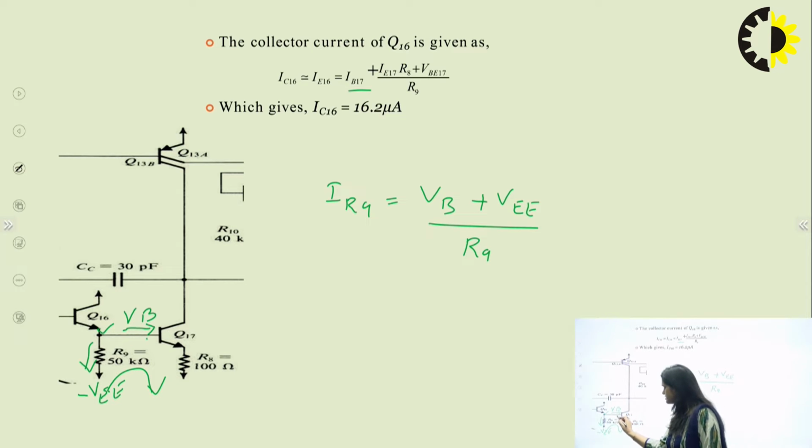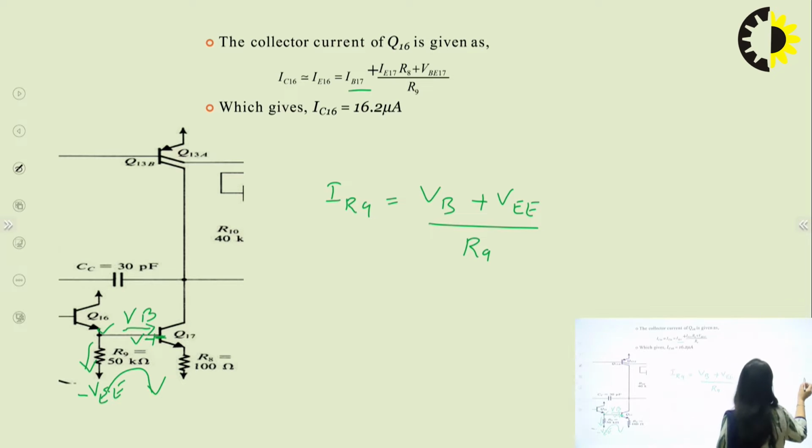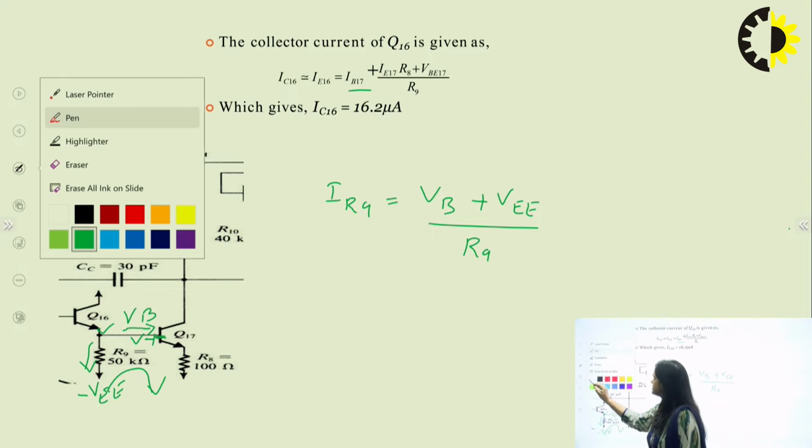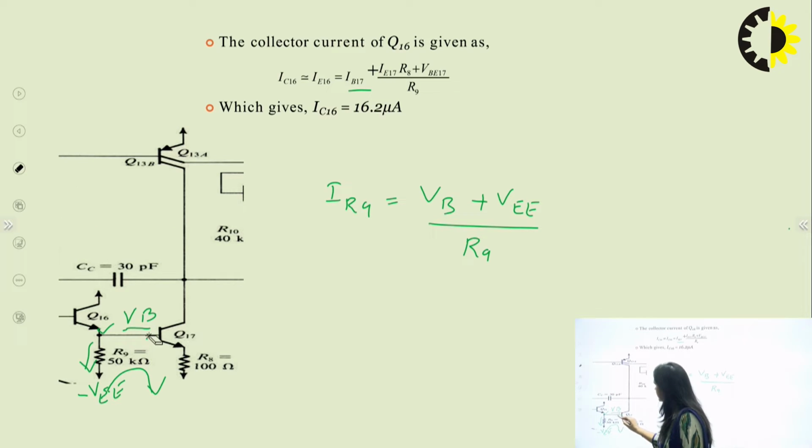To calculate this voltage VB, we have to calculate the value of this base voltage. Again we have to apply KVL.